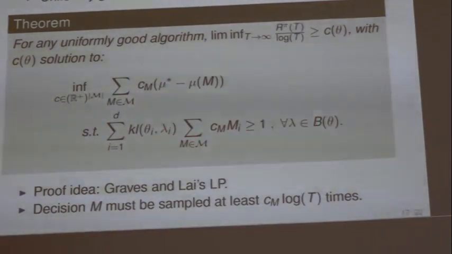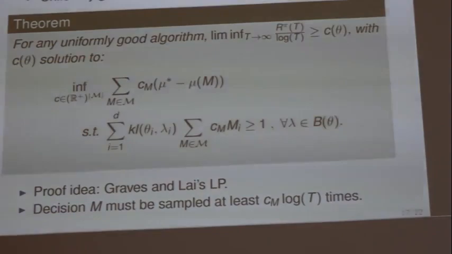And the point is that you're going to solve the following linear program. And what is that linear program? You look at c, which is a real vector with positive components, and the number of components is the number of decisions. So in our case, this vector is monstrous. And what you're going to minimize is the dot product between c and the vector of differences between mu star, I recall, the optimal value, and mu of m, the value of m. And you optimize this over a convex region, which is given by this expression. So this expression is, once again, that familiar sum of KL terms.